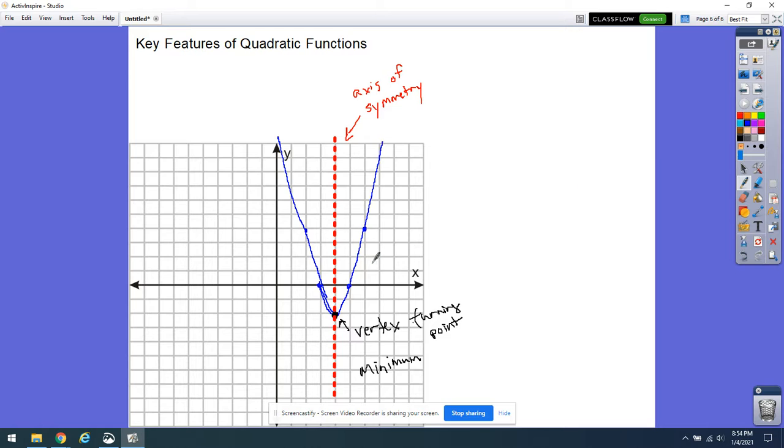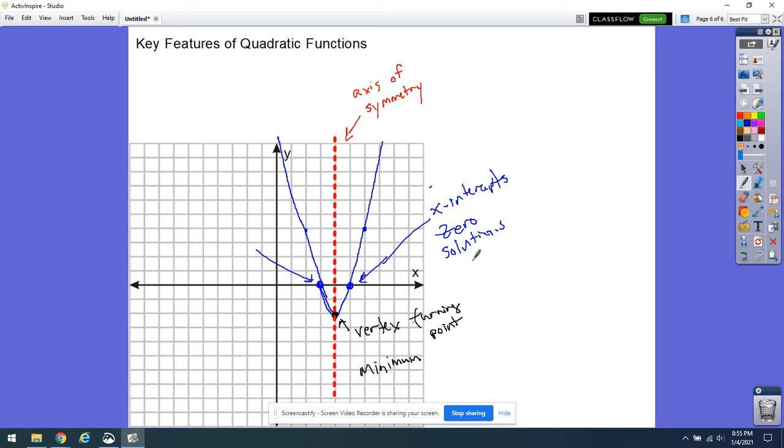Now, the other key parts are these two little sections here. Both of these can be considered the same thing, so I'm going to write it both times. They can be called your x-intercepts. X-intercepts, your zeros. They can also be called solutions.